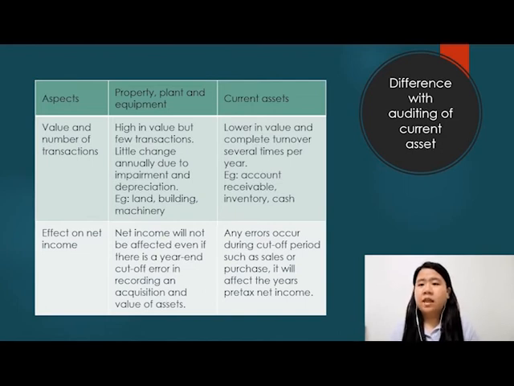For PPE, there would not be an effect on the net income, although there is an error in recording the acquisition of PPE and also the amount in the year-end cut-off period. But for the current asset, any error that occurs during the cut-off period, such as sales and purchases, will affect the pre-tax income for the year.